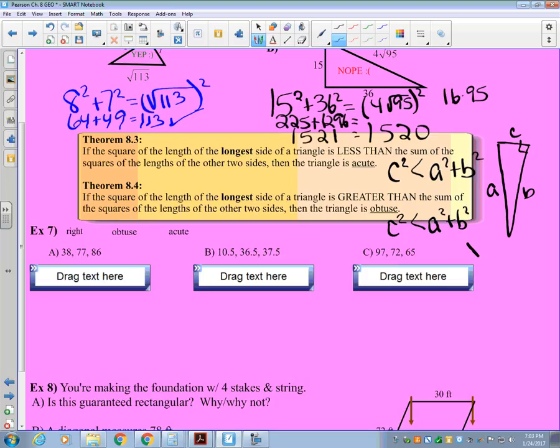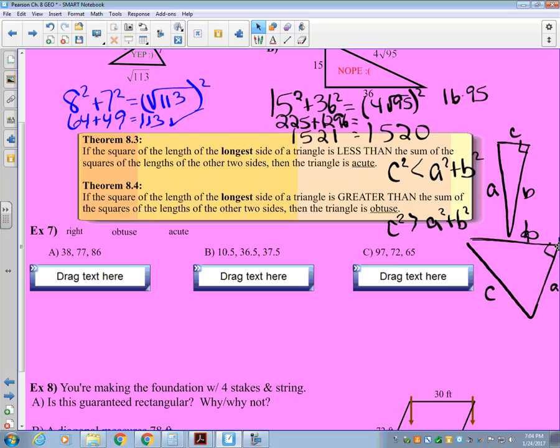So if our c squared is bigger than our a squared and our b squared, so it's like having a really long hypotenuse, just up here, and a shorter a and b, then your triangle is obtuse.